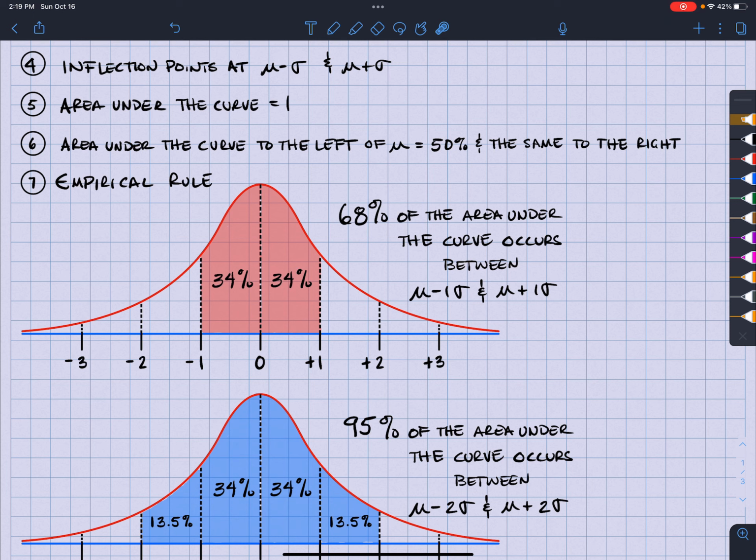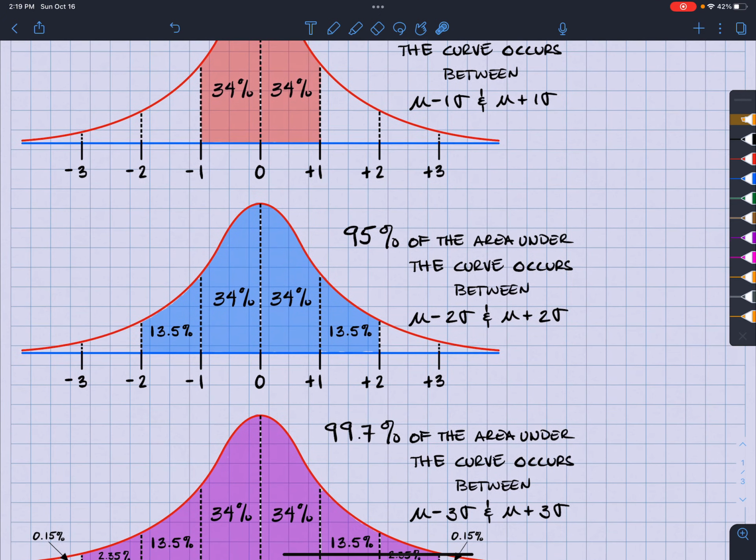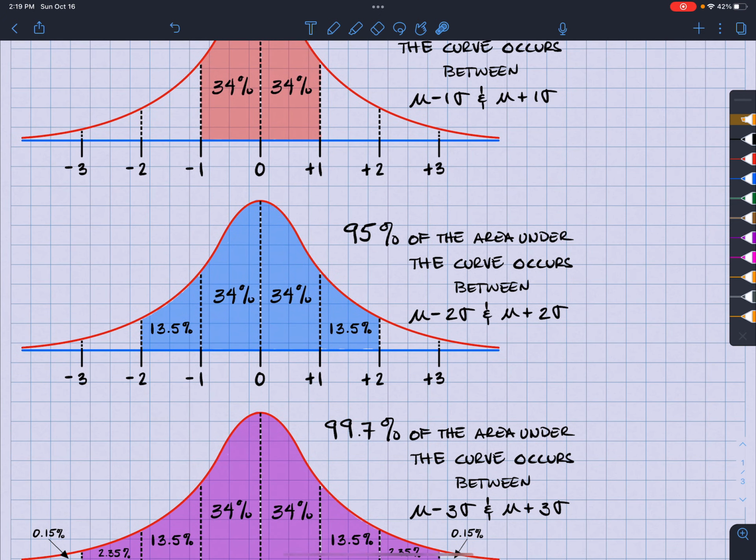All right. Now, 2 standard deviations away, right? The area under this curve, mu minus 2 standard deviations and mu plus 2 standard deviations, is going to cover about 95% of it. I know that these two little parts right here will be 68%, right?